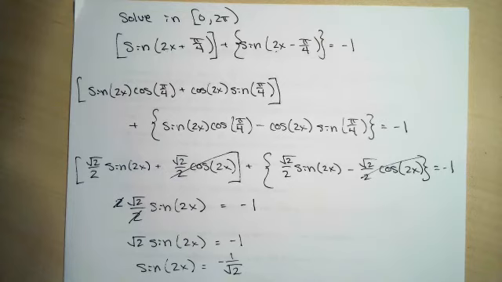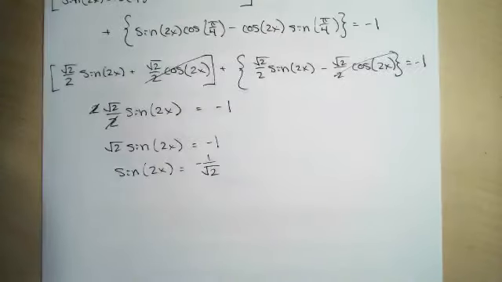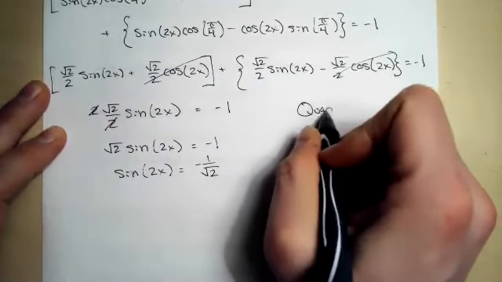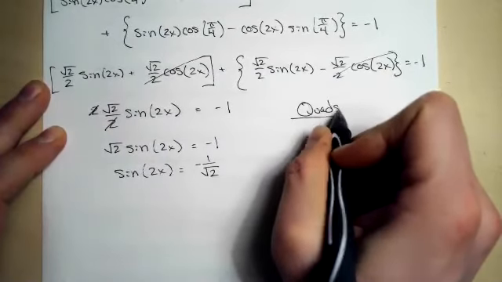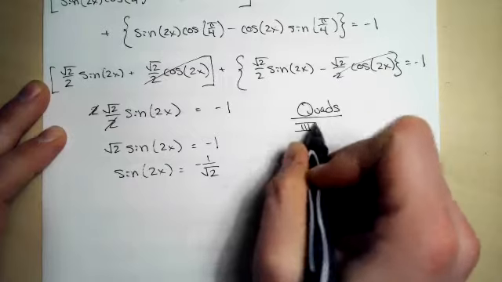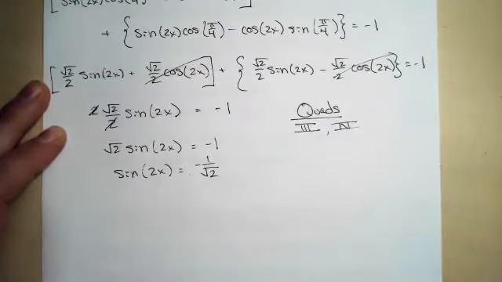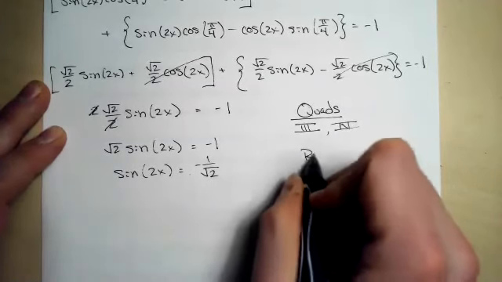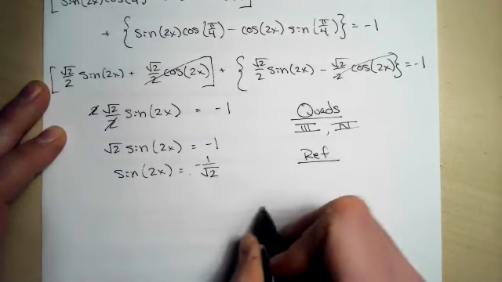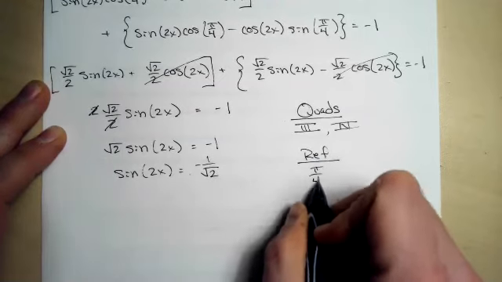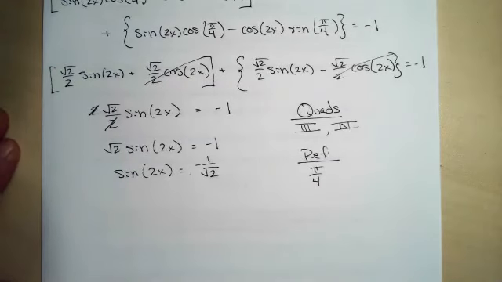Now we have to solve it. So we've got sine of 2x equals negative 1 over square root 2. So sine is negative in quadrants 3 and 4. And then what is our reference angle? Sine has a ratio of 1 over square root of 2 when the reference angle is pi over 4.